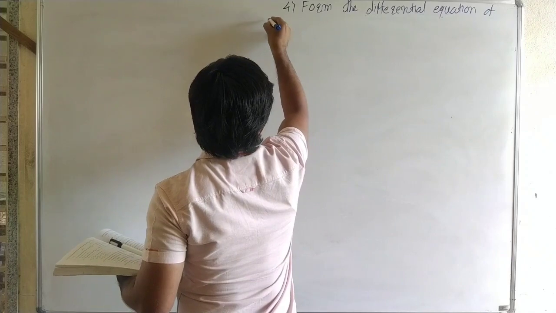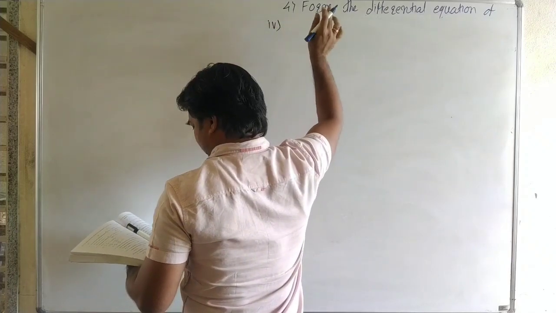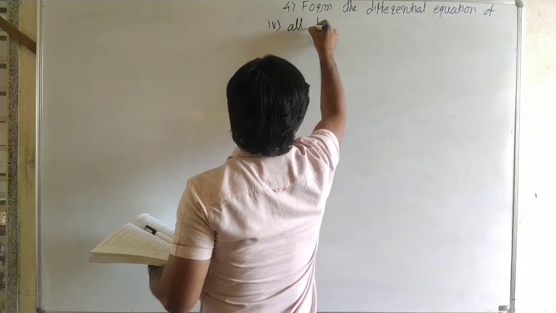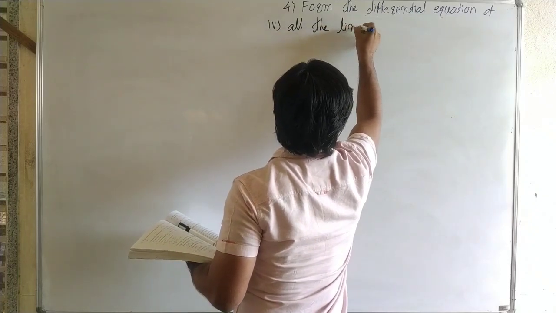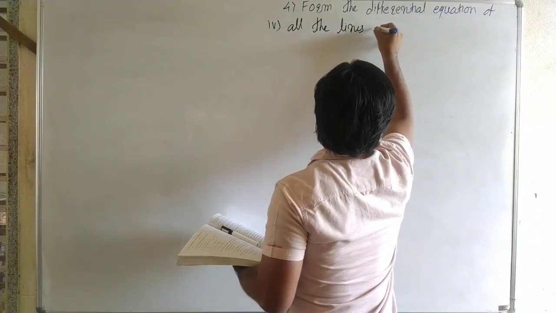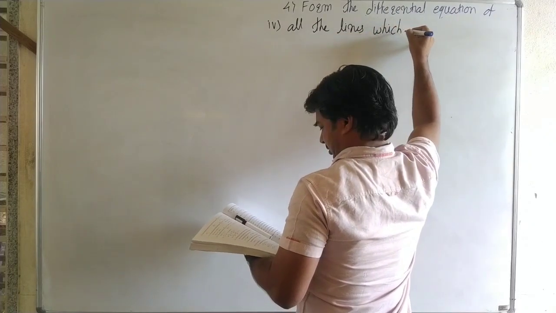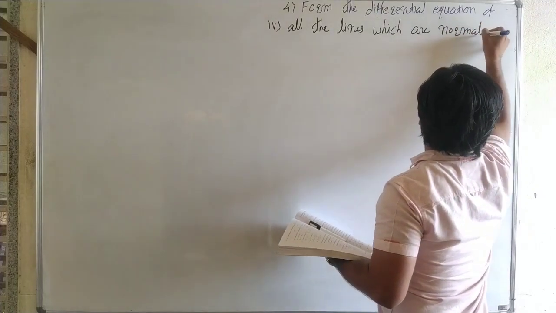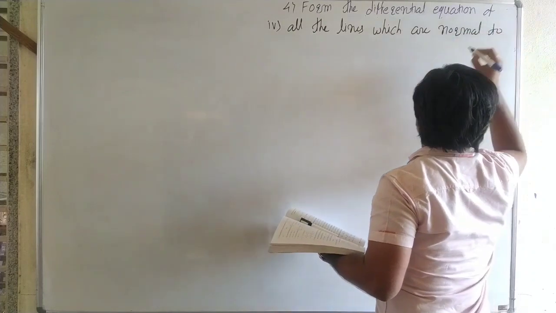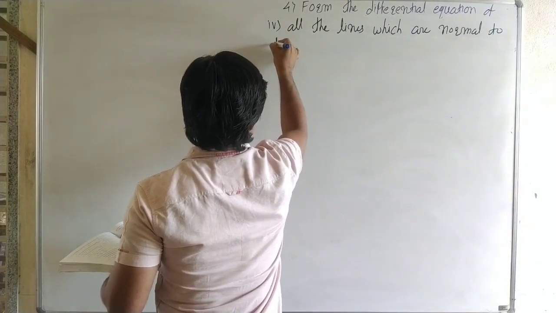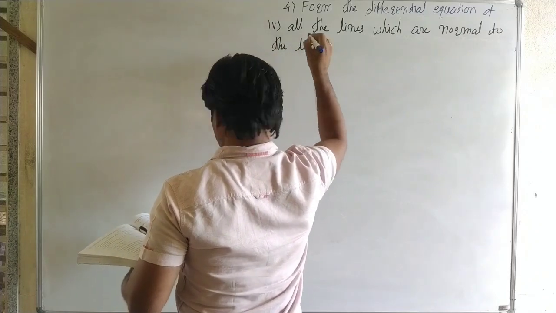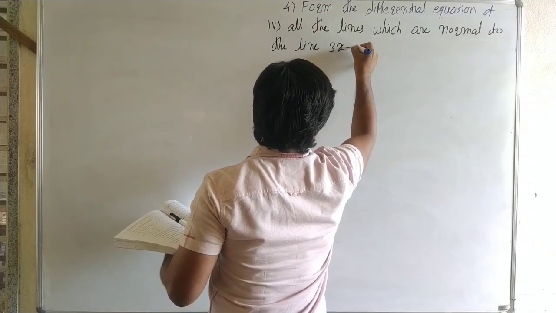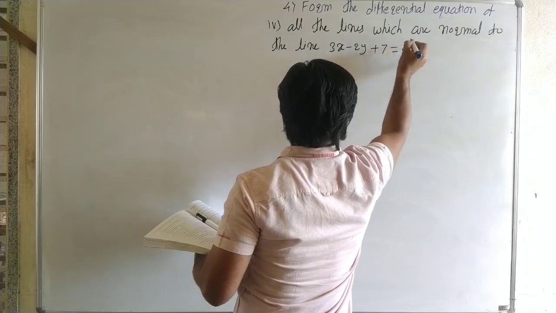Now the fourth example, form the differential equation of all the lines which are normal to the line 3x minus 2y plus 7 is equal to 0.